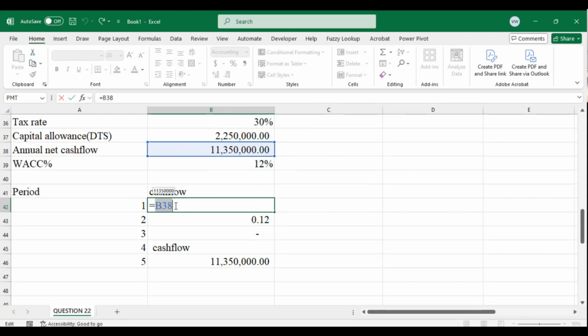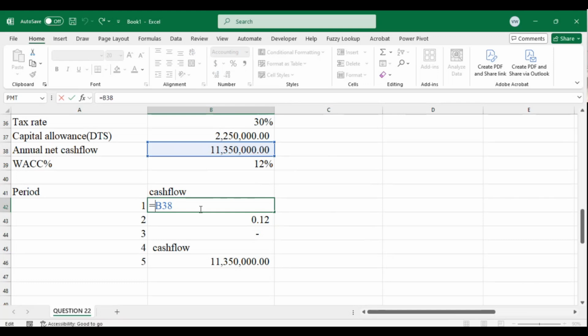Though I've had instances where there are some students when they press F4, depending on the type of computer they are using, the F4 does not always lock it as an absolute reference. So they always have that challenge. The other option, you can still insert the $ sign manually. The idea is to lock column B and row 38.